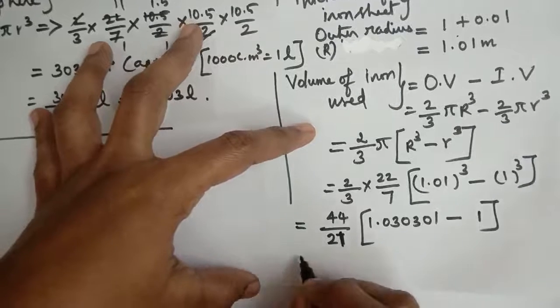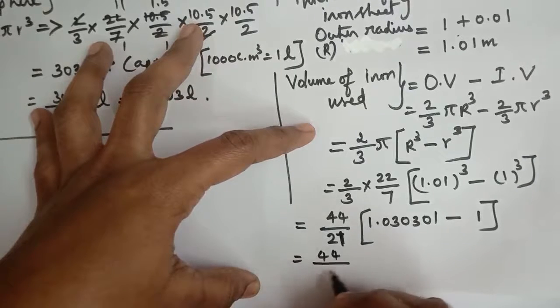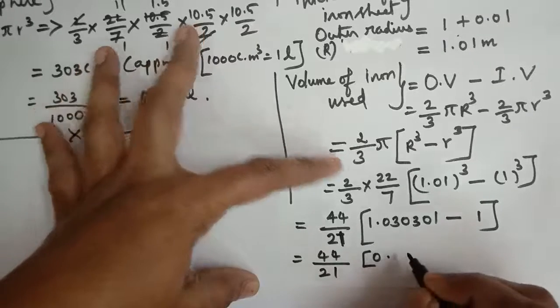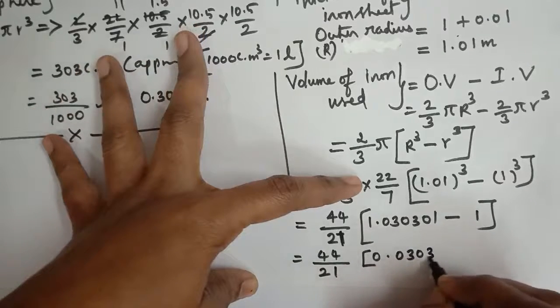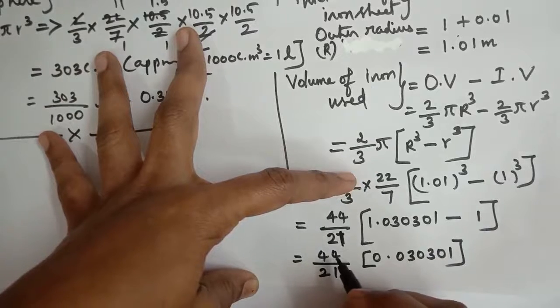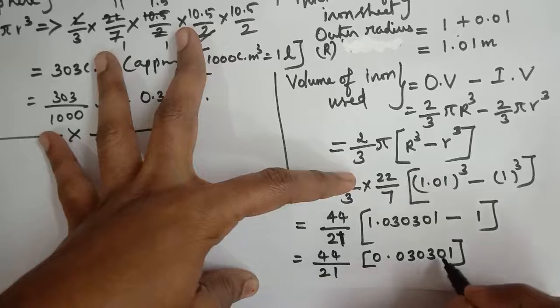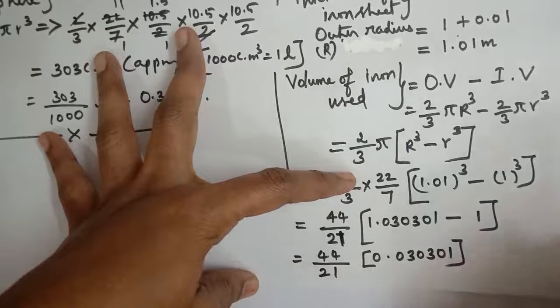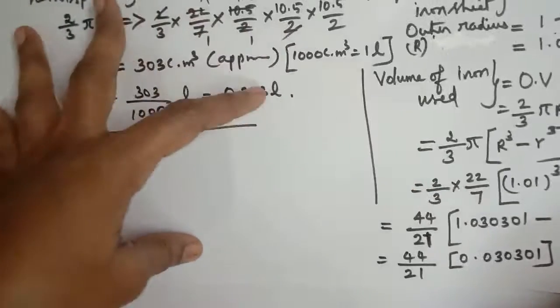That is equal to 44 by 21 into 0.030301. Then at last you should multiply 44 with this number, and at last divide the number by 21.